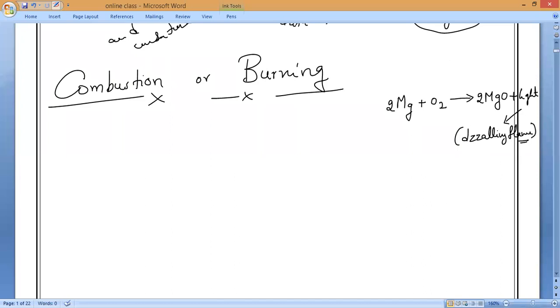Remember, the process of burning of any organic compound in air, whatever the organic compound, produces carbon dioxide, water, heat and light, and that is known as combustion.